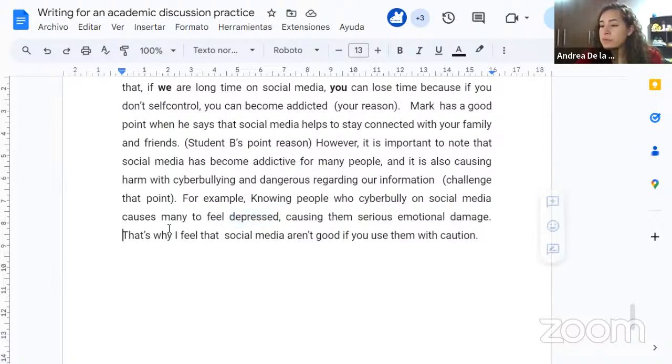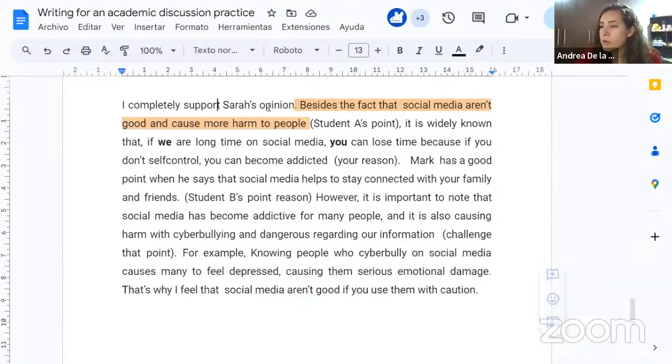And then you have, that's why I feel that social media aren't good if you use them with caution. Here you need to try to directly answer the question. What you're saying here is kind of contradictory. I think what you meant is that social media is good if you use it with caution, right? But again, you are supporting Sarah's opinion.